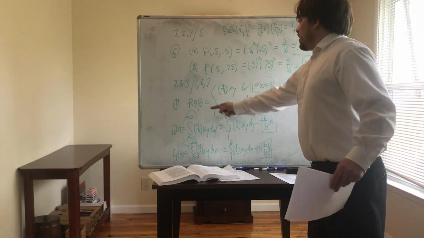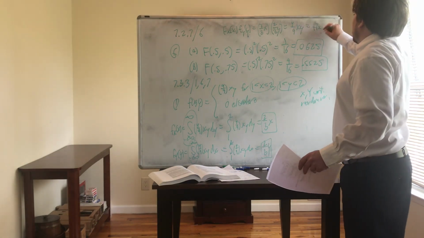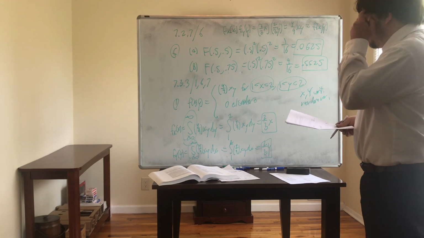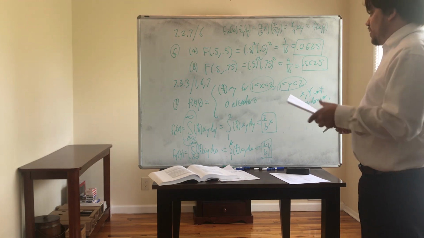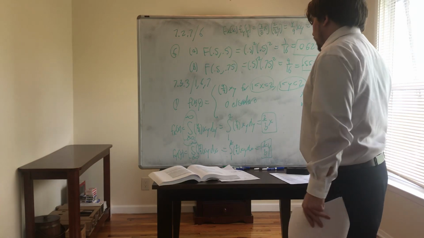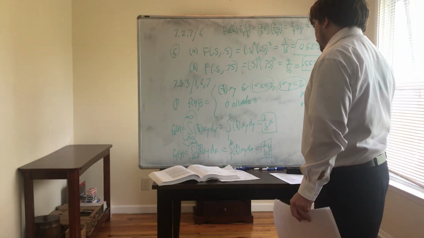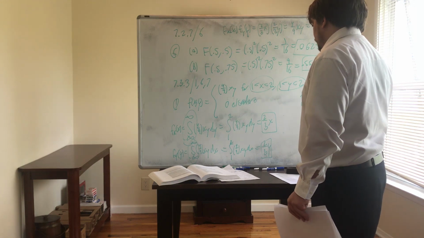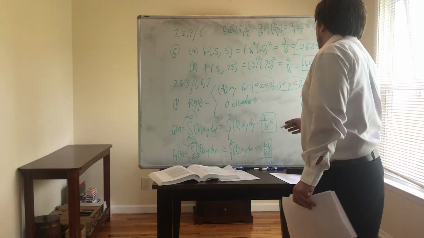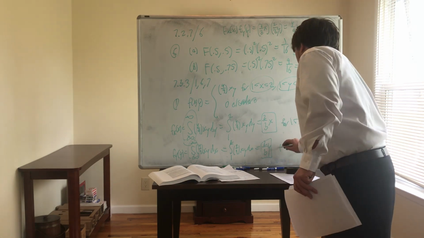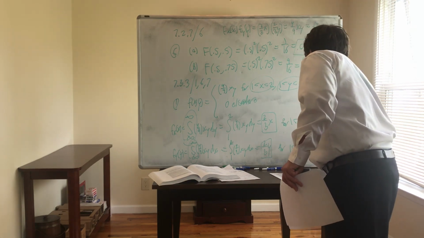4/9 xy is f of x comma y. And actually, I should mention that this is for x strictly between 1 and 2, and this is for y strictly between 1 and 2.